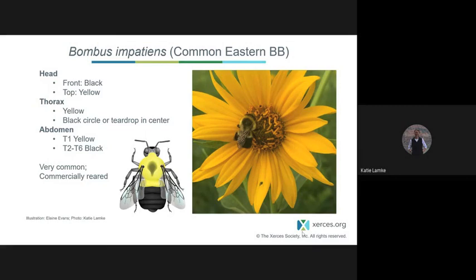When we look at the thorax, it's yellow, but in the center there's black hairs mixed in that sort of make the shape of an upside-down teardrop. And on the abdomen, there's only a single yellow stripe on the first tergite. And this is a very common bee, and it's also the commercially reared bumblebee that's shipped across the United States.